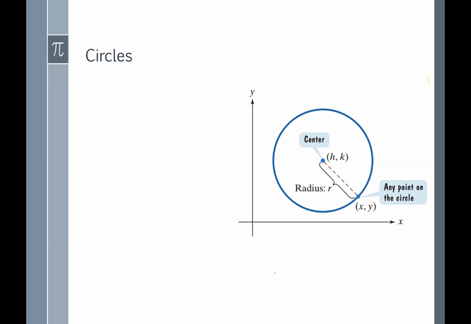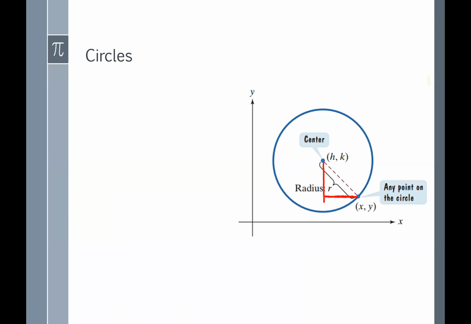And a point on the outside of the circle, or on its radius, we could label generally (x, y). So that's just some point anywhere on the outside edge of this circle. So using the Pythagorean theorem, we can actually derive the equation of this circle. So I'm going to draw a vertical line and a horizontal line here.